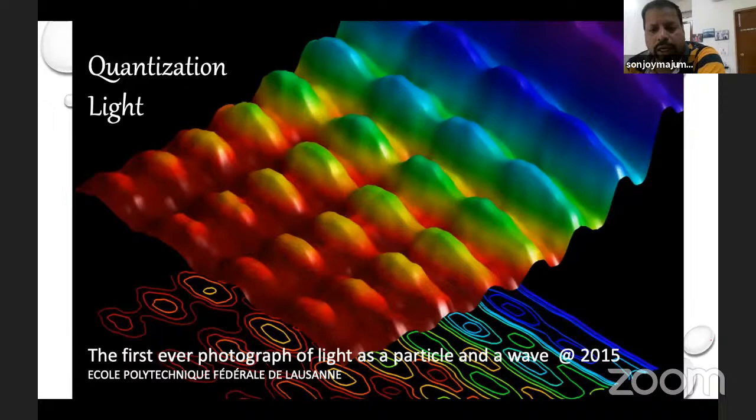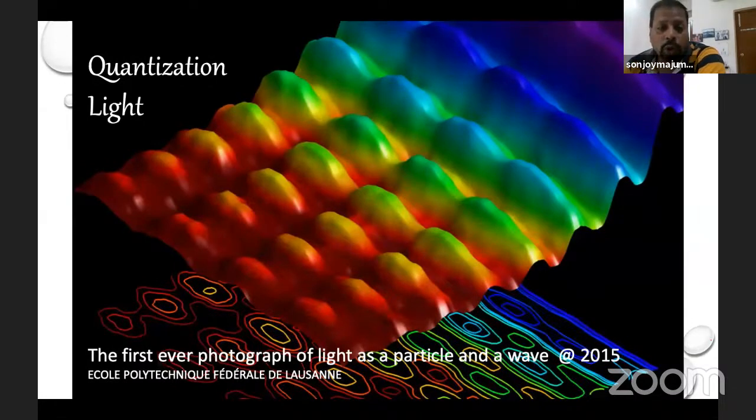This is a beautiful picture published in, I think, some popular journal in 2015, where both the wave and particle nature are snapped simultaneously, together, on a metal surface. Previous to that, people used to capture either wave nature or particle nature.